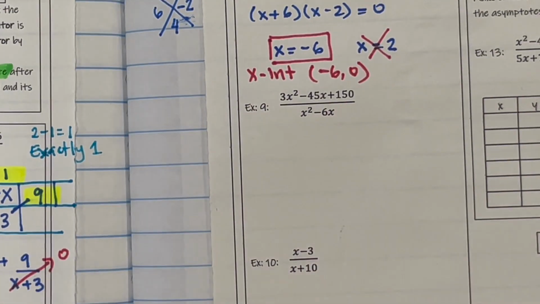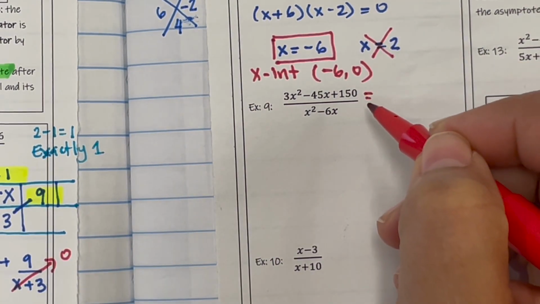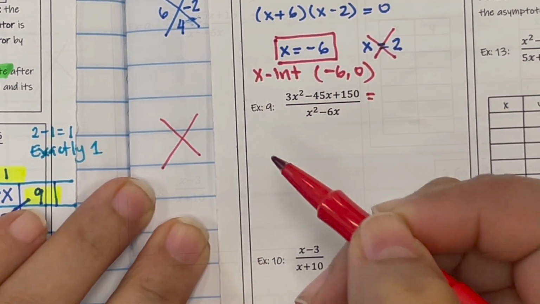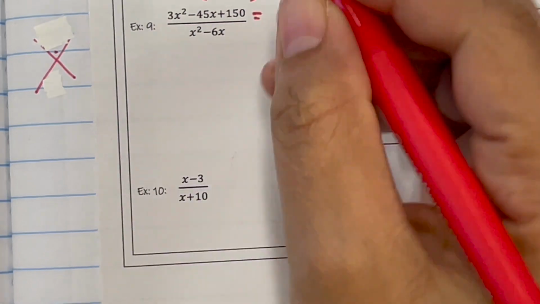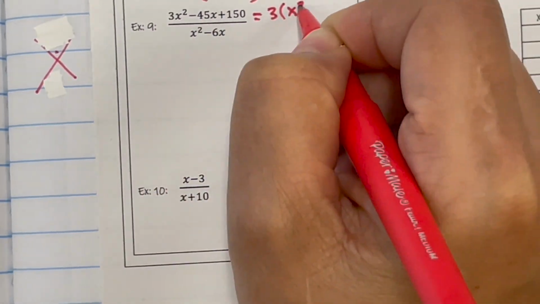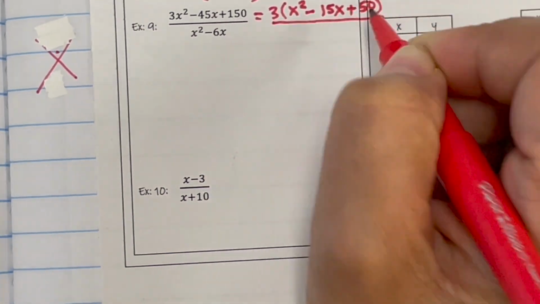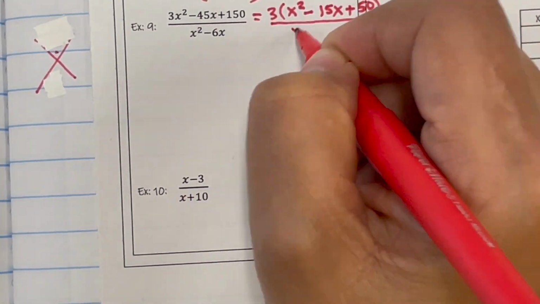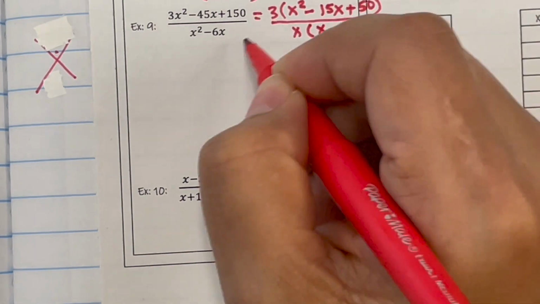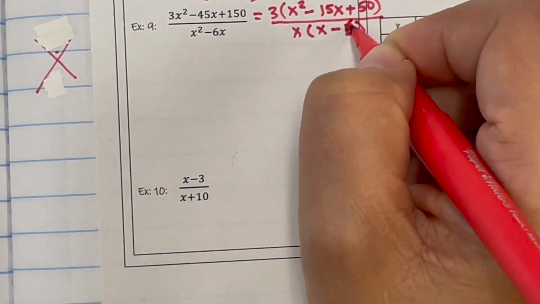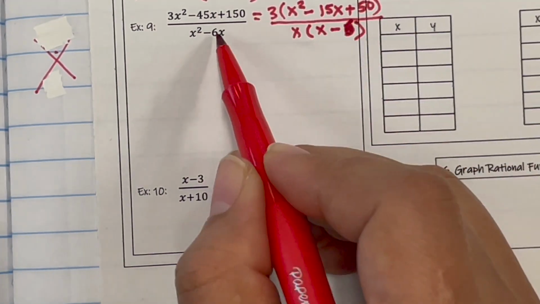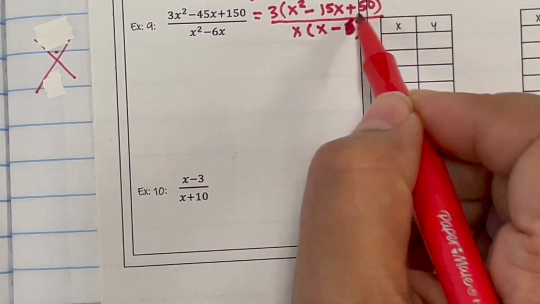So again, we start off by factoring. So this is a really big number. 3 goes into every single one of those, so we can make this number smaller. We're going to factor out 3, so that leaves x squared minus 15x, since 45 divided by 3 is 15, and plus 50, since 150 divided by 3 is 50. And on the bottom, we can factor out x, so we're going to have x times x minus 6. All right, now that we have that, let's go ahead and factor.